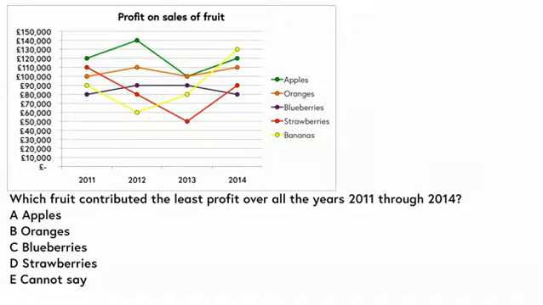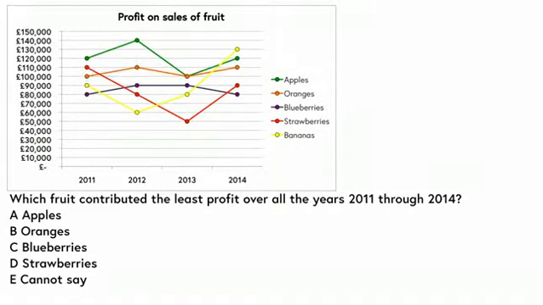Examining the graph, you can see that the profits from sales of fruit has varied up and down over the years 2011 through 2014. The profit for some fruits have varied greatly, for example strawberries, and for others it is more consistent, for example oranges.